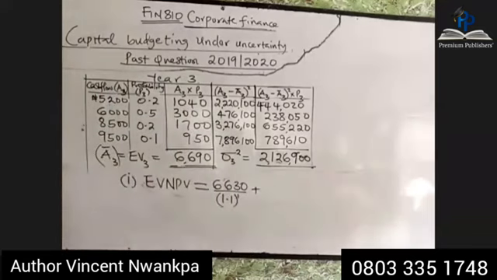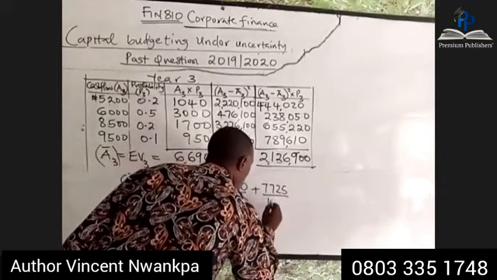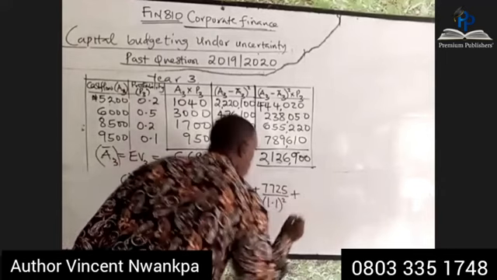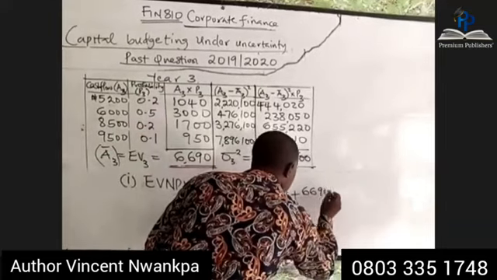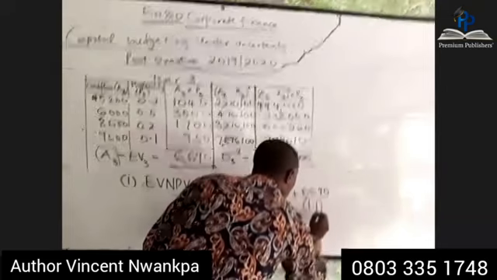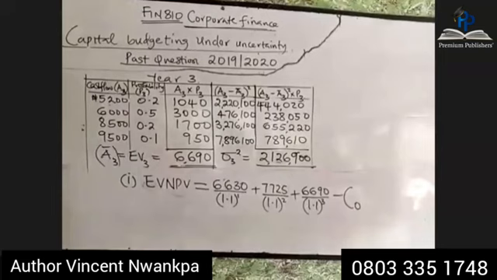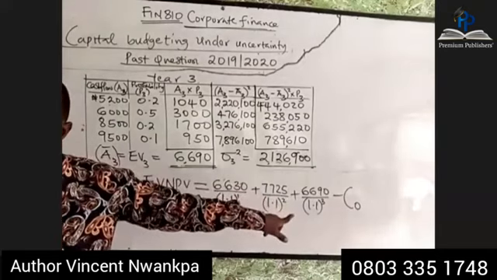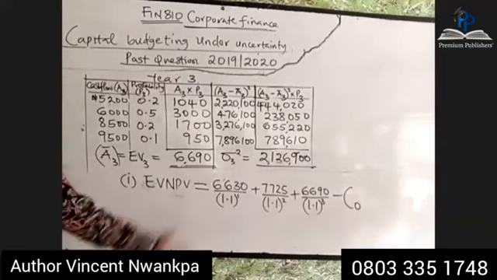Second year, EV for second year, 7,725 over 1.1 all raised to power 2, plus third year, 6,690 over 1.1 all raised to power 3, minus CO. We all know NPV, net present value, and now everything is clear.